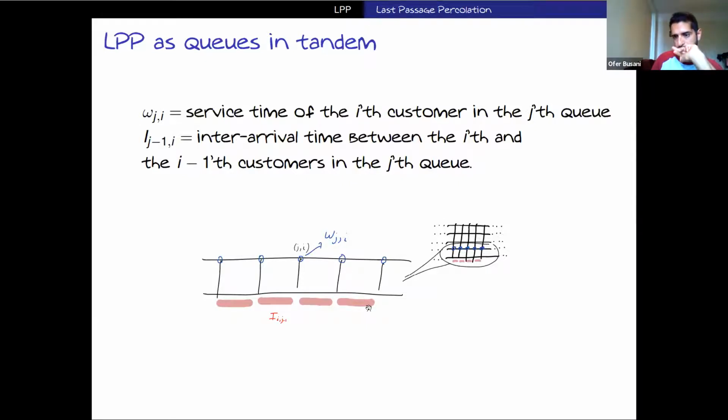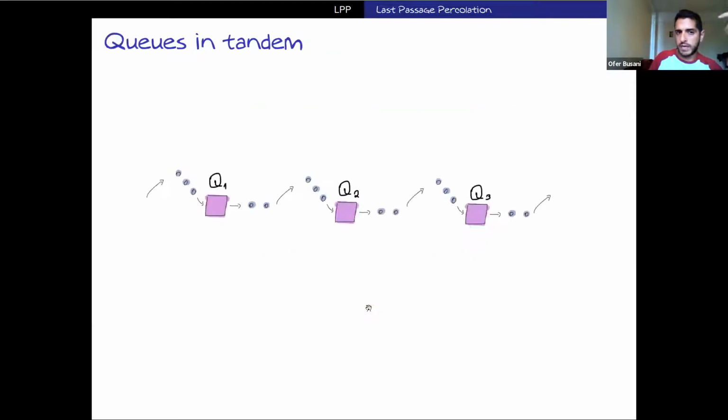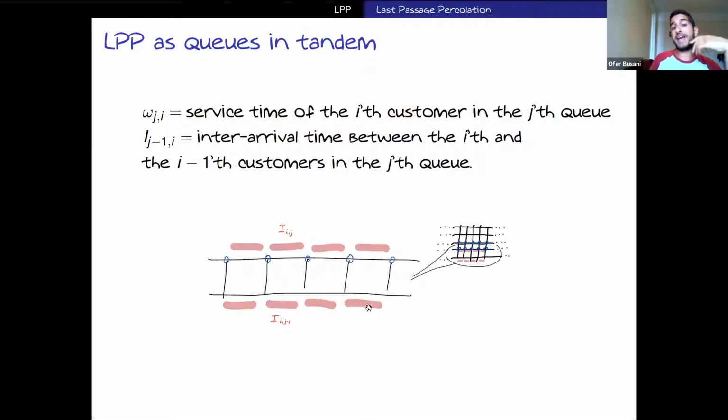And we know that if we have these two sequences, we can apply the queuing mapping, and what we obtain is the inter-departure times. Then we call them I_ij.